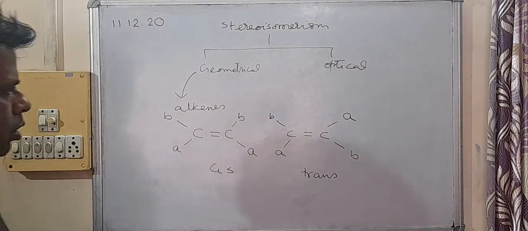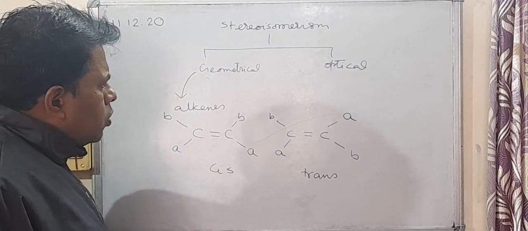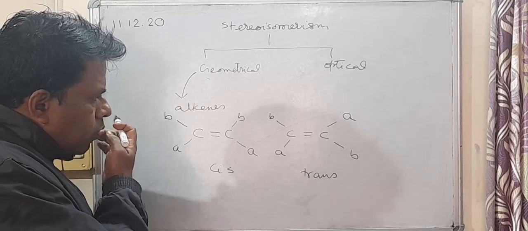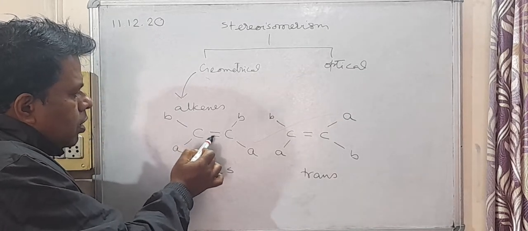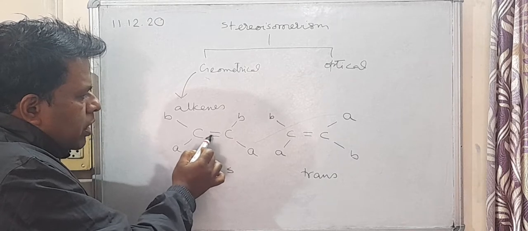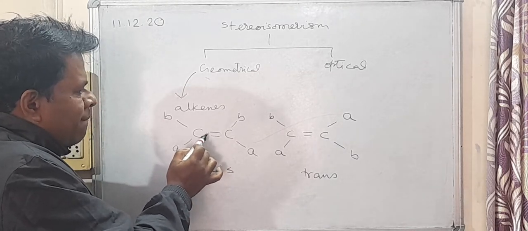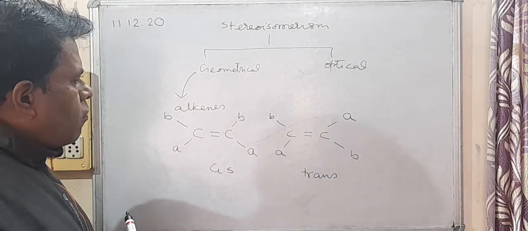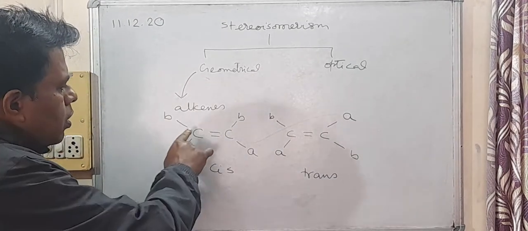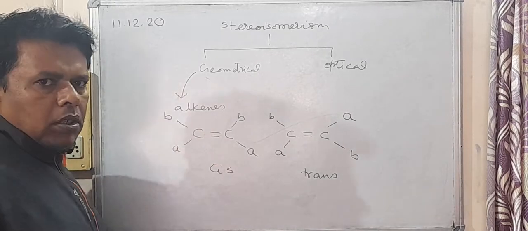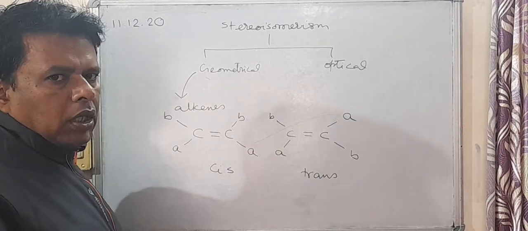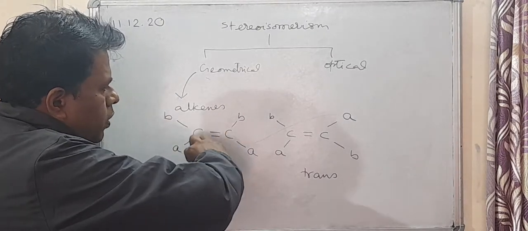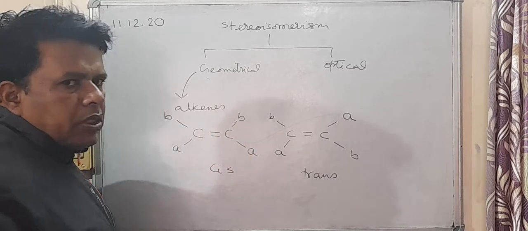Now, why do these two forms occur? Because the double bond is made up of a sigma bond and a pi bond. A carbon-carbon sigma bond has free rotation, but when there is a carbon-carbon double bond, free rotation is not there. As a result of that, there will be geometrical isomerism.